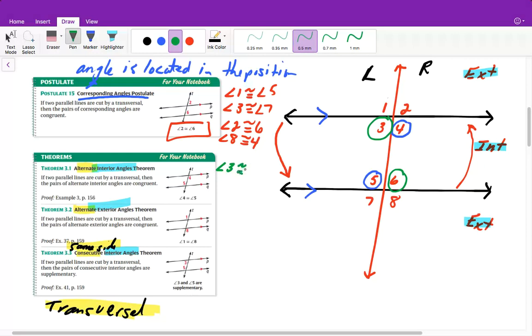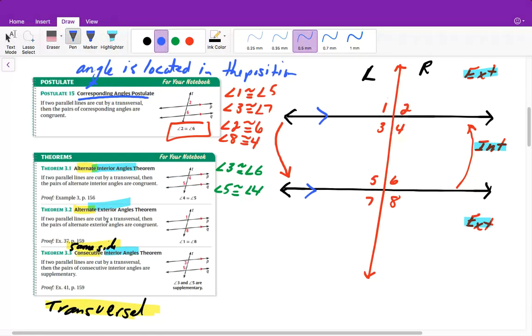So angle 3 is congruent to angle 6, and angle 5 is congruent to angle 4. So alternate interior angles, just like our corresponding angles, they are congruent. And remember, we're always comparing one intersection of one of the parallel lines to the other. So 3 and 4 are not alternate interior angles because they are part of the same intersection.